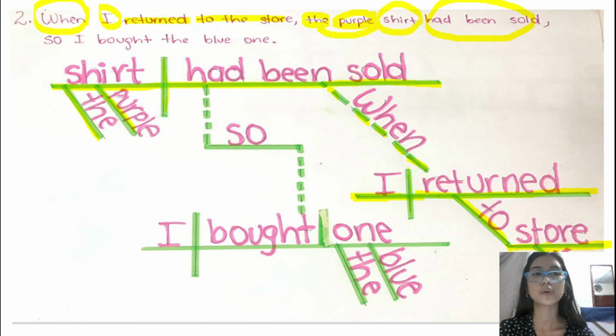So we are going to analyze the second independent clause, that is, so I bought the blue one. Here we have a coordinating conjunction, that is so, and so is going to be written on a horizontal line, and here we are going to write a straight broken line, and here the same, a straight broken line.